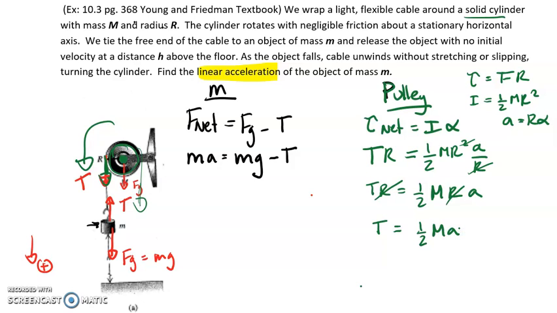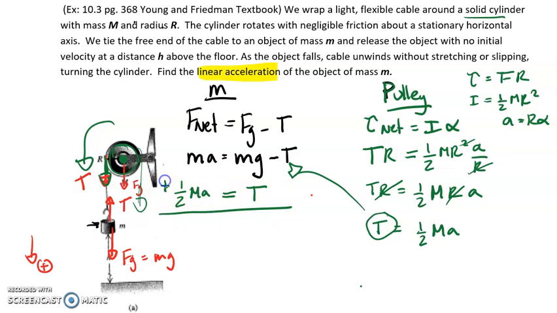Cool. So now there are multiple ways you can do it. You can take this tension right here, substitute that in, and solve away. One method I use, it's just my favorite method to solve problems, is elimination. So I'm going to set that up because we have two equations and two unknowns. So tension is 1/2 Ma. I'm going to add these two equations together. On the left-hand side, we're going to have little ma plus 1/2 big Ma equals, tension cancels, and then we have mg.